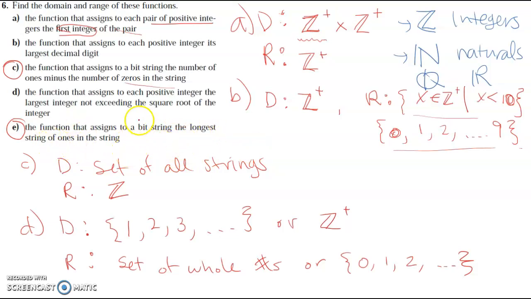So the range would be 1, and it could also be 2, the third option would be 3, and so on. So that was number 6, which is very similar to 7. These problems are not hard. You just have to think about the wording of each problem.